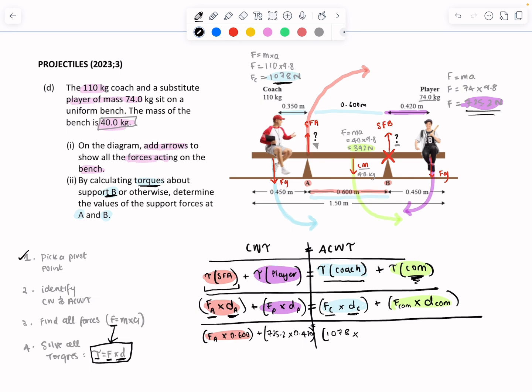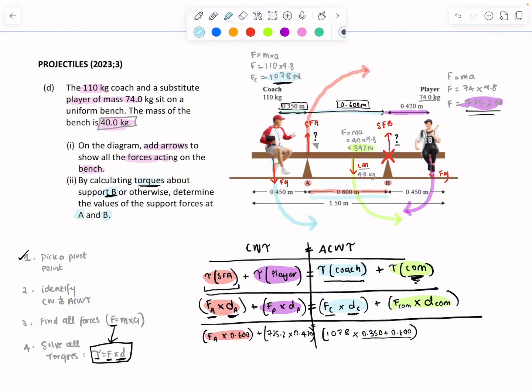So if I add this value over here with this value over here, I should get the length of the coach, where the coach is sitting, to support force B. So let me write that down in my equation. I've got 0.350 plus 0.600, and that's the distance.